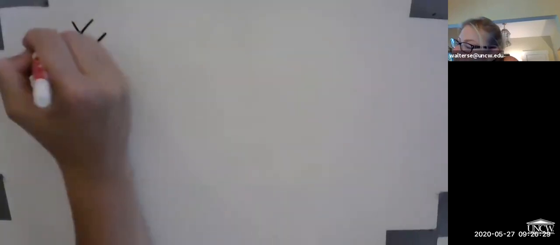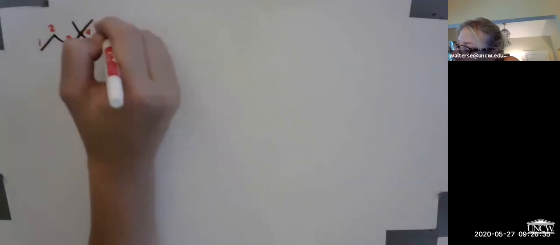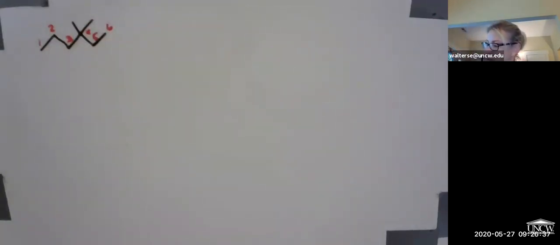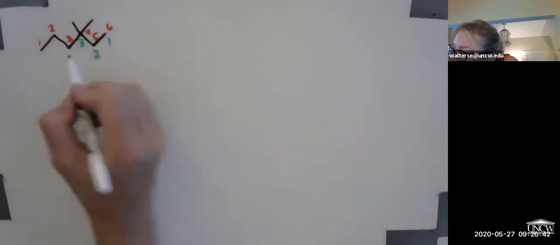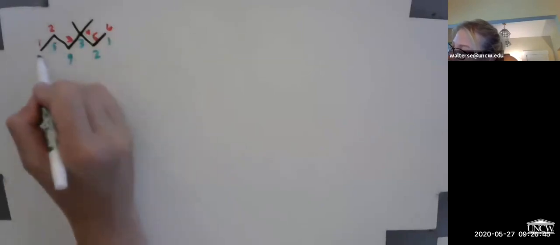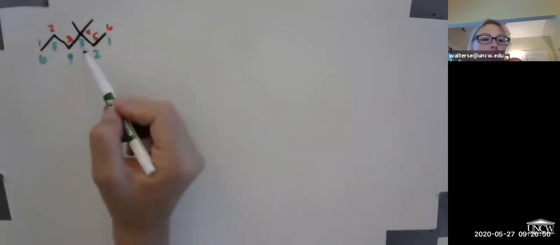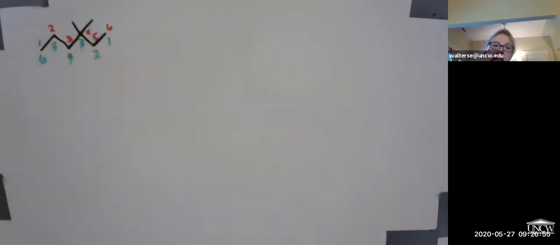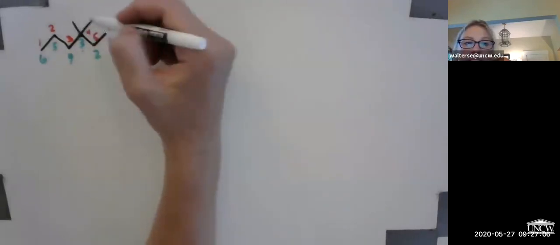It's number 1, 2, 3, 4, 5, 6. 1, 2, 3, 4, 5, 6. So with the green numbers, you get a substituent at 3. With the red numbers, the substituent is at 4. So the green numbers are better, but you have 2 substituents on the same carbon.